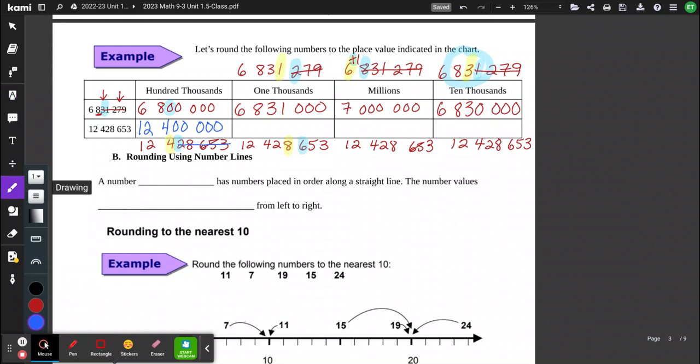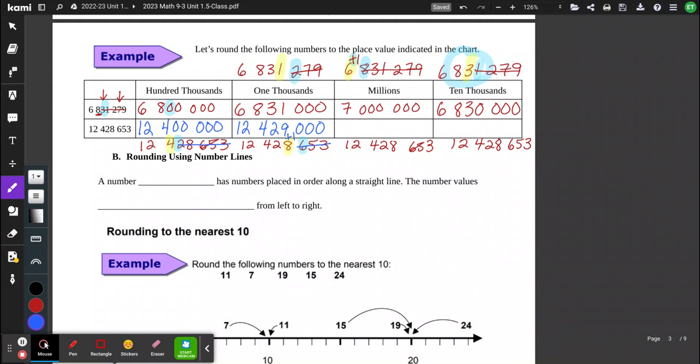He's going to go up. So we're going to add 1 to the 8 and all the other numbers change to 0. So cross them off. So now we're going to have 12,429 and then 3 zeros. Okay, so the 8 becomes a 9. We add 1 to that 8. I'll just make that a little clearer. So the 8 becomes a 9.